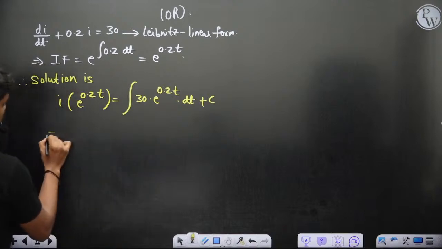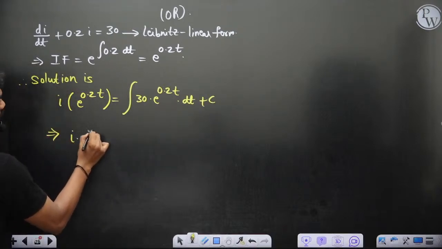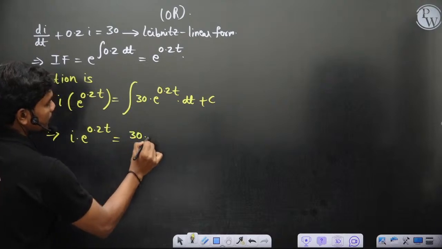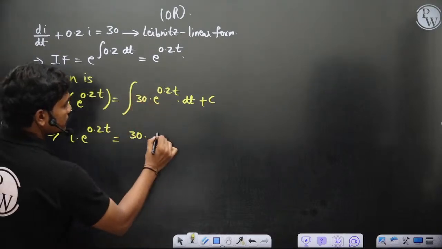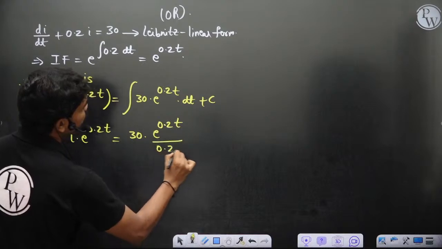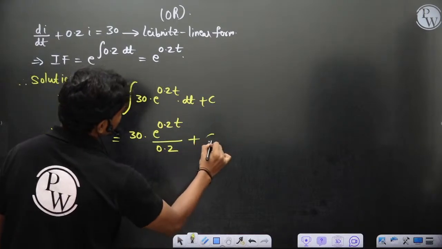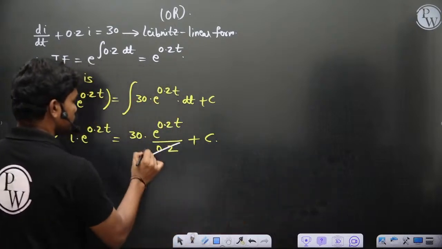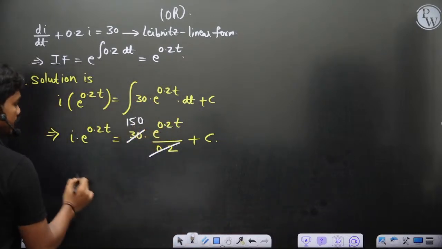So I into e power 0.2 t is equal to 30 into the integration of e power 0.2 t, which is e power 0.2 t divided by 0.2, plus some constant. Now 30 by 0.2 is 150.